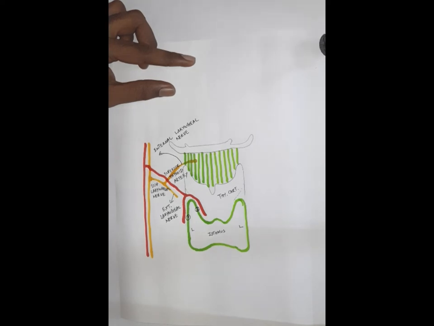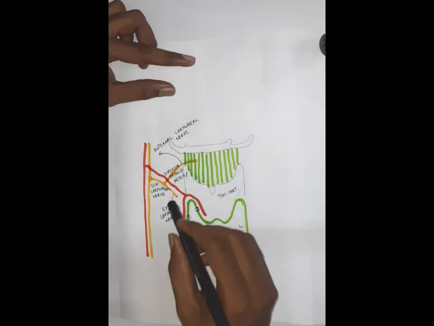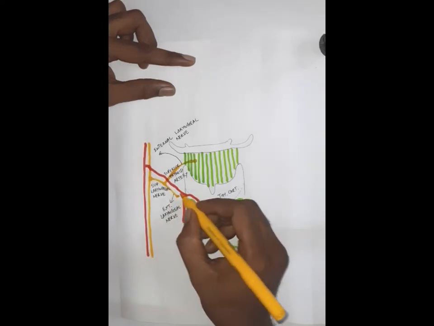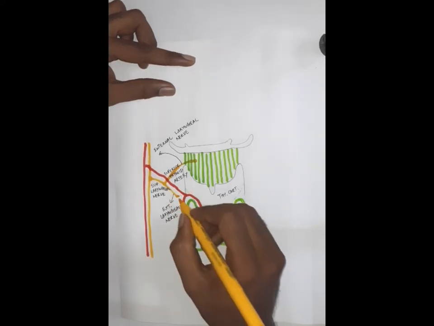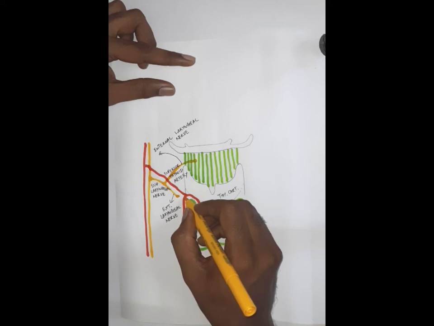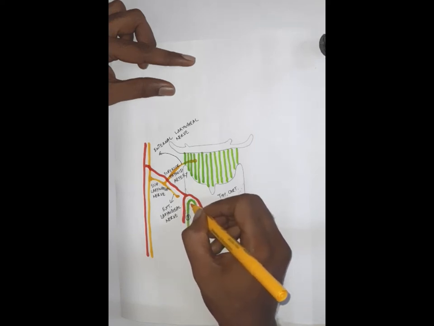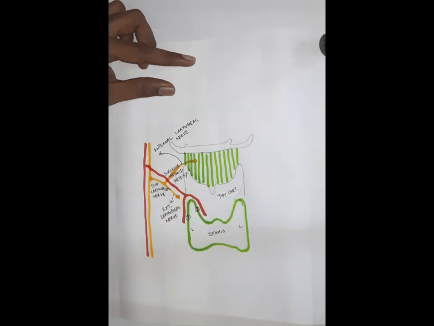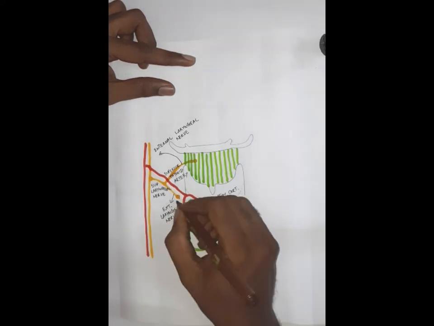Now both the structures pass close by, whereas the nerve is not going to reach the upper pole of the thyroid gland. Instead, it goes and supplies a muscle. I'm just drawing the muscle here.